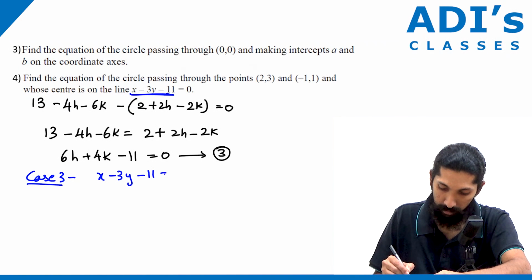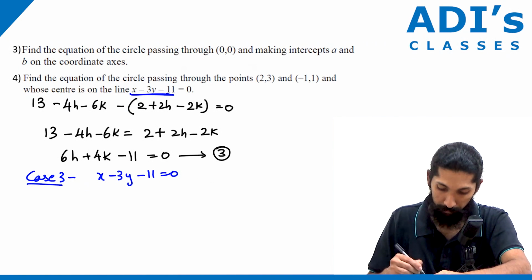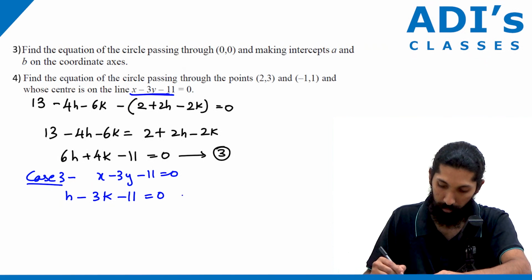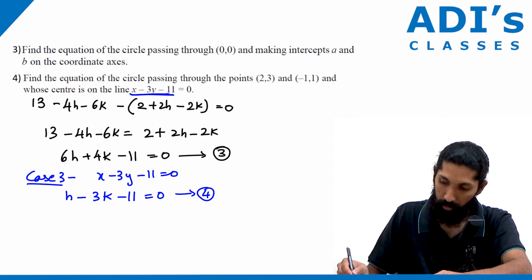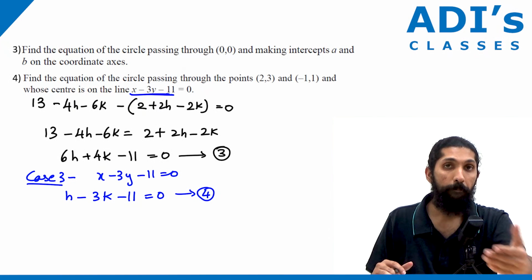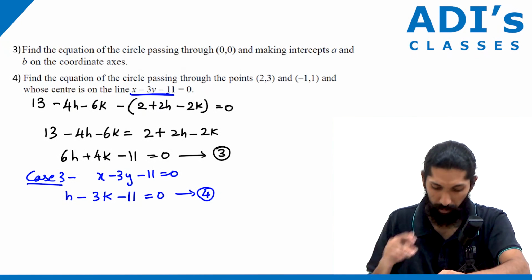So if you substitute, h minus 3k minus 11 is equal to 0. Call this as 4. Equation 3 and 4 are linear equations in two variables. Subtract, or you can do elimination, whichever method you feel like.